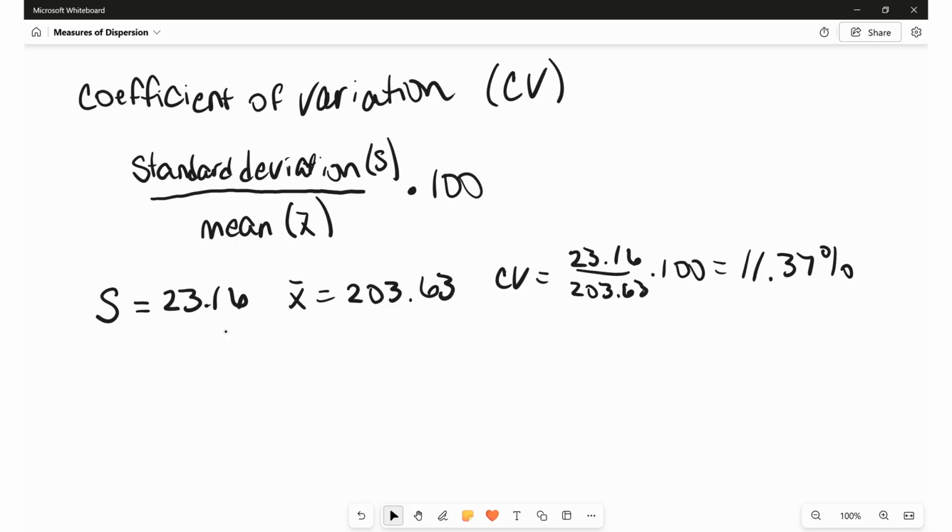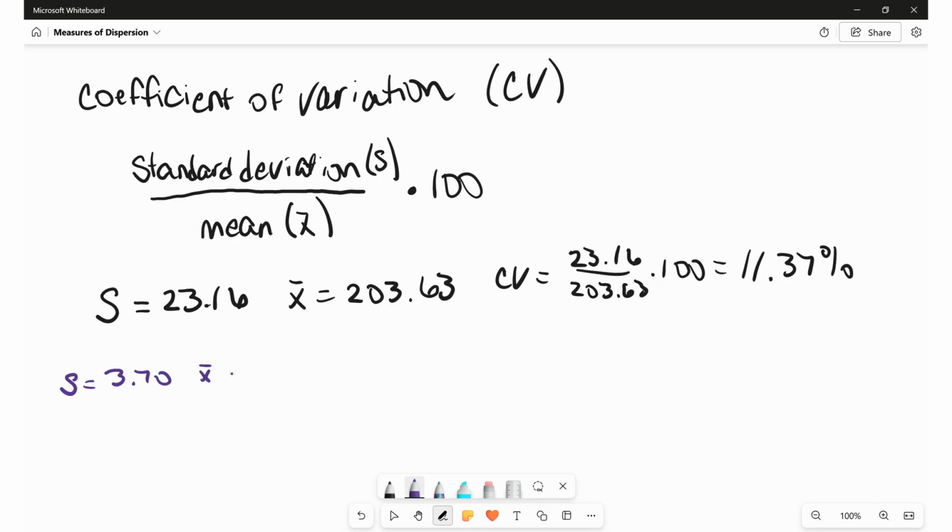Okay? So let's say that we have another stock that we're looking at, and this one has a standard deviation of $3.70.